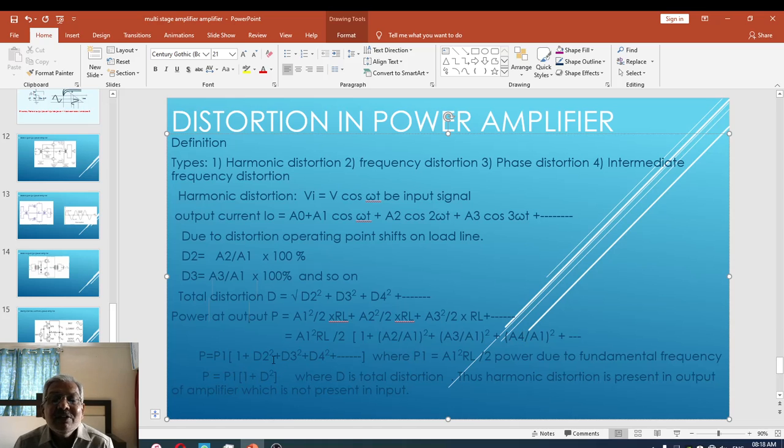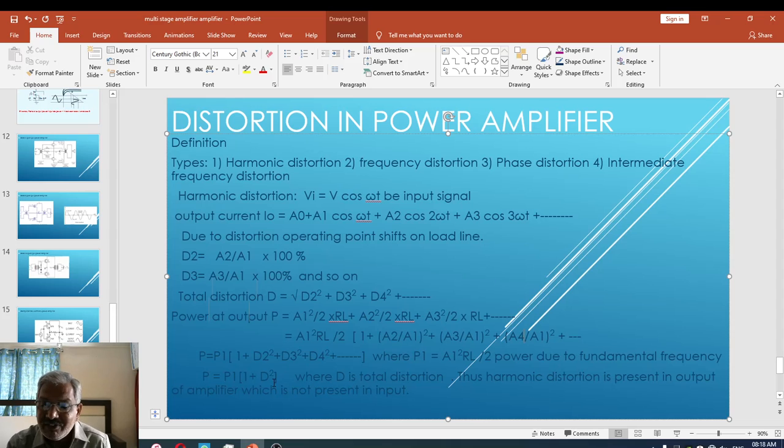This is because square root of D2 square plus D3 square plus D4 square is equal to D. Therefore, D2 square plus D3 square plus D4 square is equal to D square. So, this is the net power which is developed.